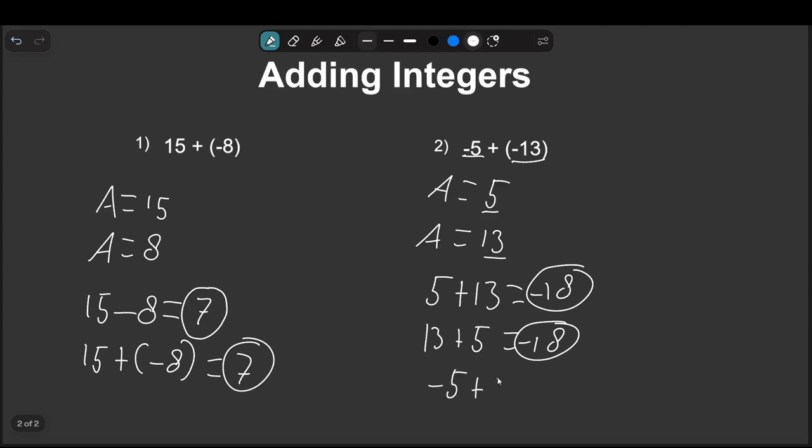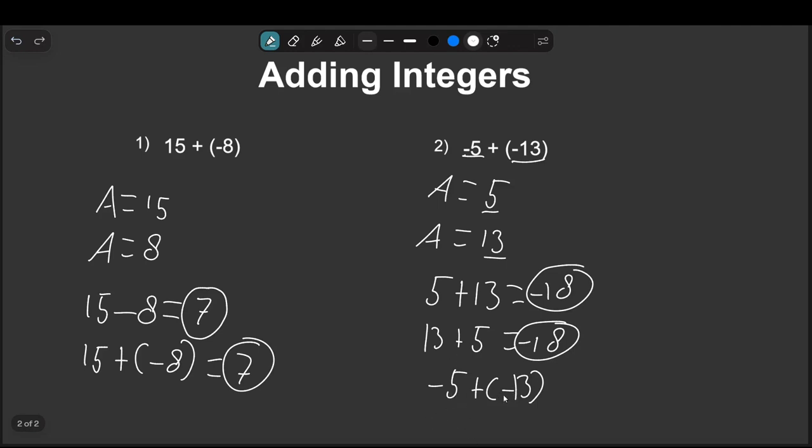Again, I'm going to tell you how this works. We have minus 5 plus minus 13. Basically this says we have to take away 13 from minus 5. And minus 5 is in the negatives, so it can be a bit confusing if you've just recently learned negatives, because if you take away, let's say, 5 from minus 5, we don't get 0, we get minus 10.